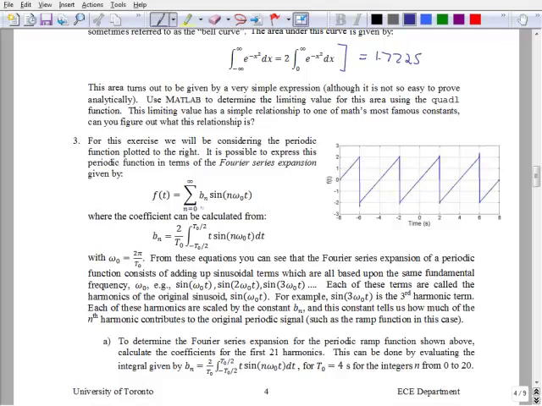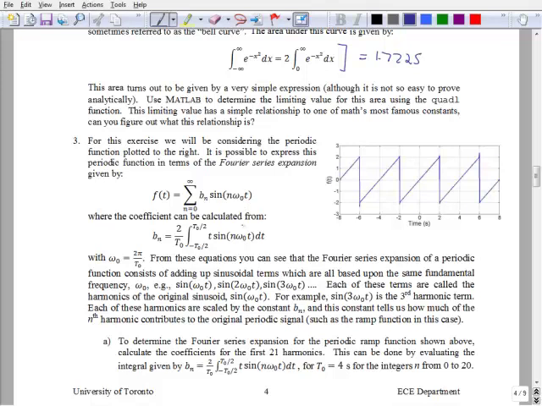This is omega naught, or fundamental frequency omega naught, and n is this multiple of this fundamental frequency. So essentially what we're doing is we're creating this periodic function f of t by adding up a series of sine waves which are related to each other.